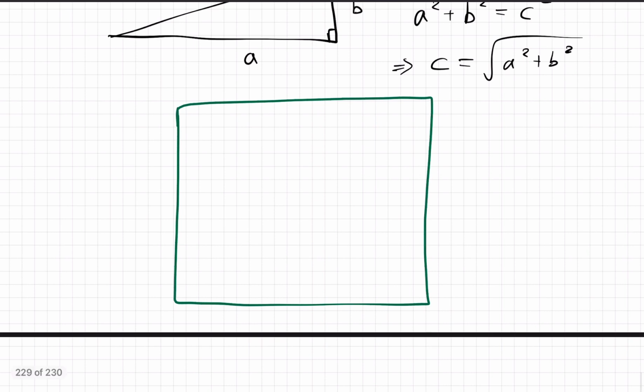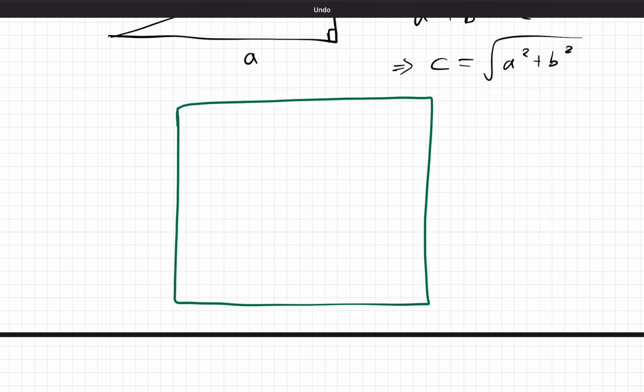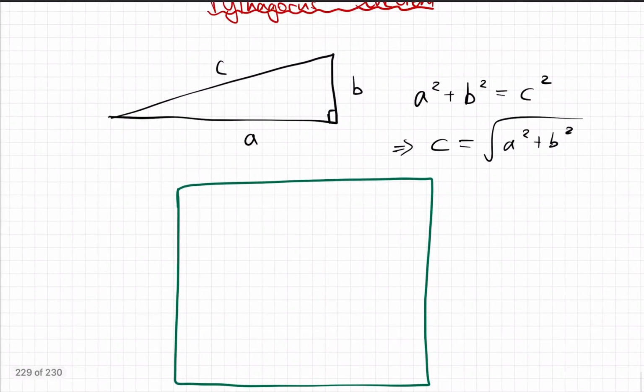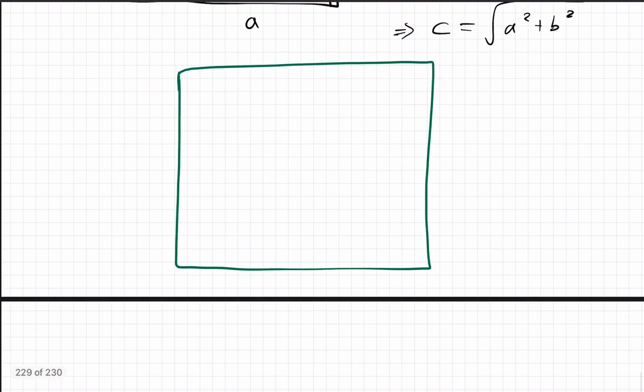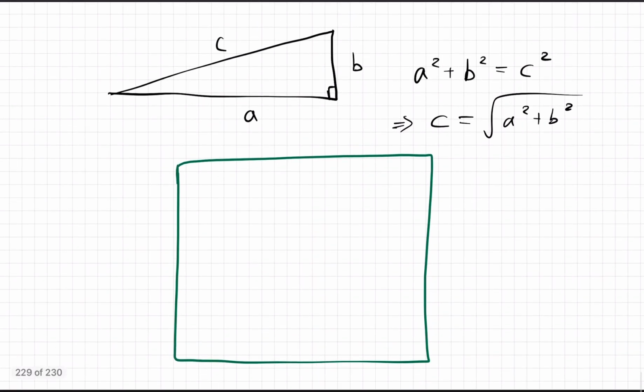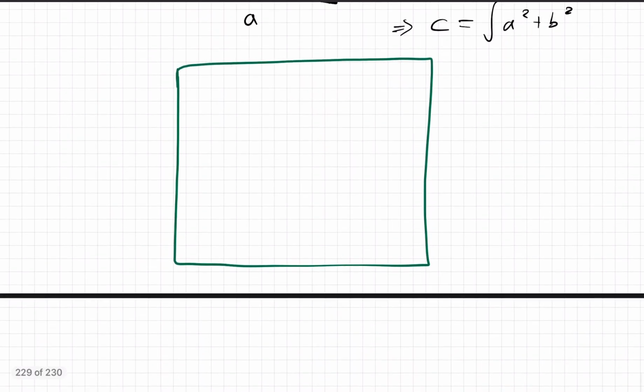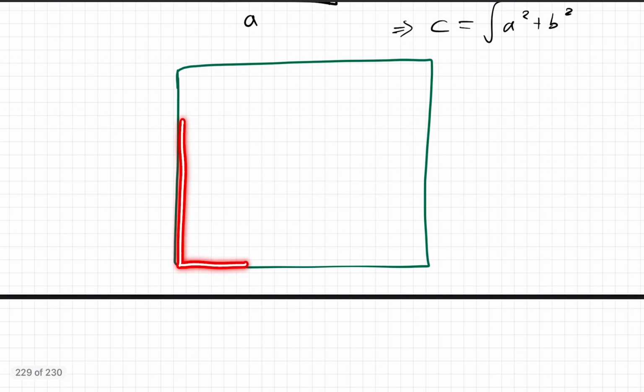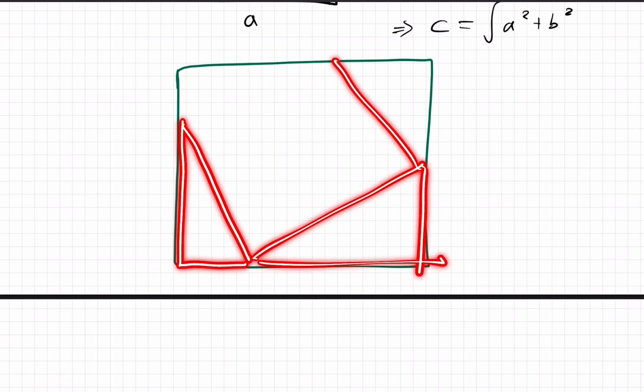So we construct a square and let's imagine we have four of these triangles, and what we want to do is just put these triangles in the square such that we get this pattern.